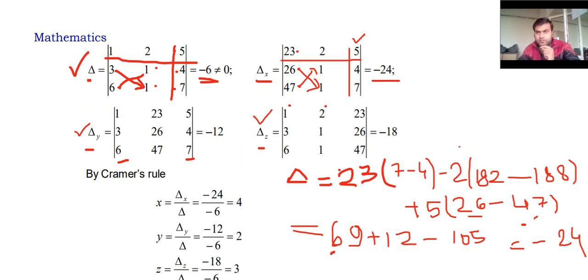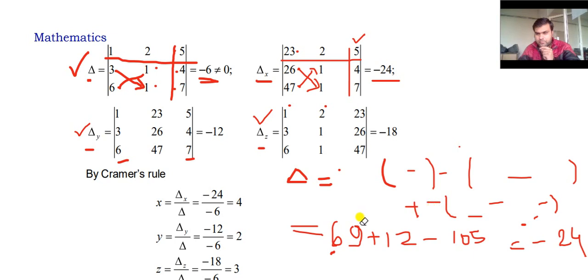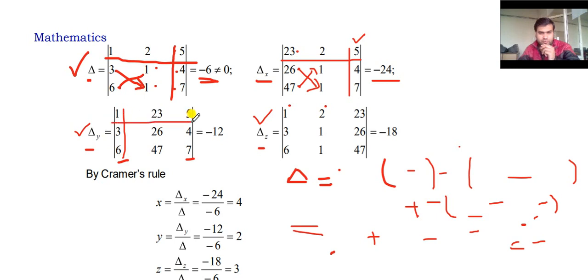Okay, so we have to erase this one. So we are erasing. So now we take this one and hide this column and its row.